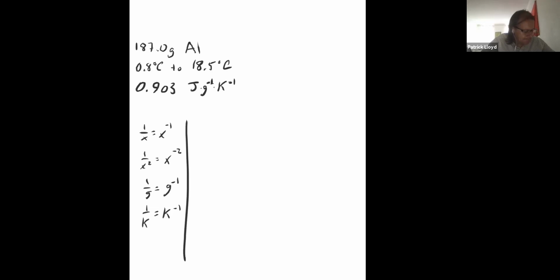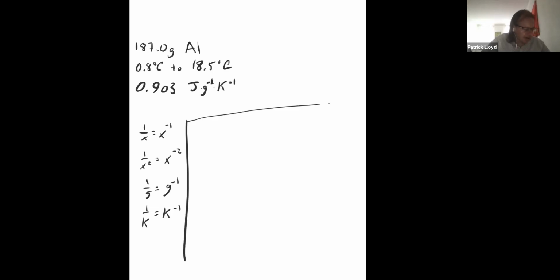With the -1, -1. I hope you understand that, because if I say 1 over x, I can write this as x to the -1. 1 over x squared would be written as x to the -2. So based on that logic, 1 over grams is grams to the -1, and 1 over Kelvin is Kelvin to the -1. So that's what we're doing here, okay?